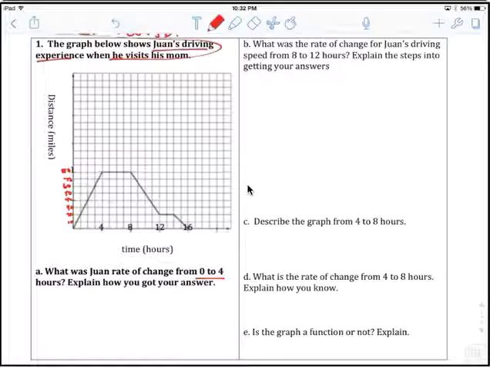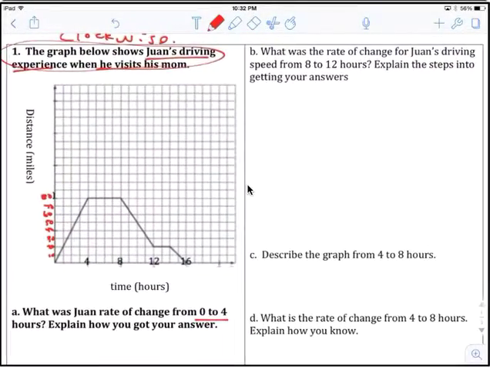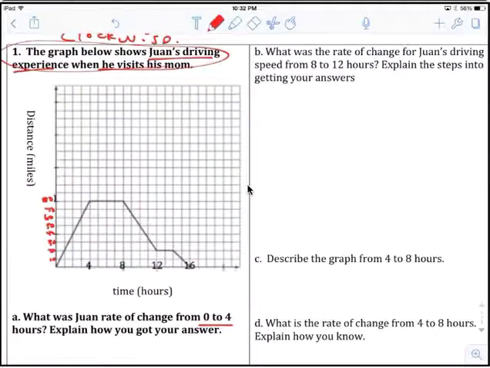I did this incorrectly. It says the graph below shows Juan's, should be distance from his home.